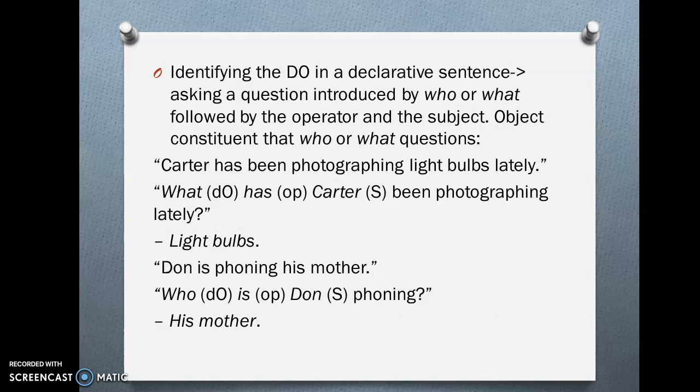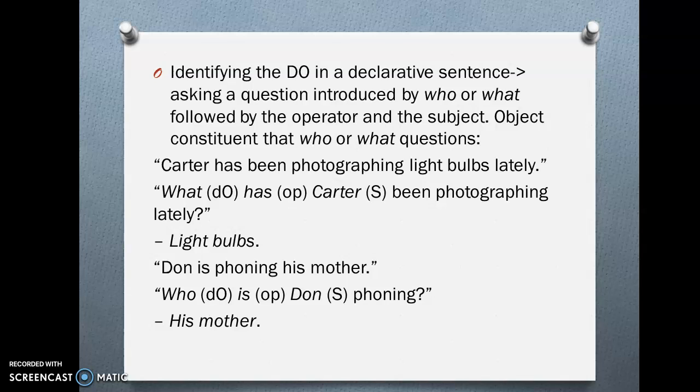Have a look at the first sentence. Carter has been photographing light bulbs lately. So if we make the question, what has Carter been photographing lately? We answer this what with light bulbs. Same happens here. Don is phoning his mother. Who is Don phoning? Here we answer his mother.